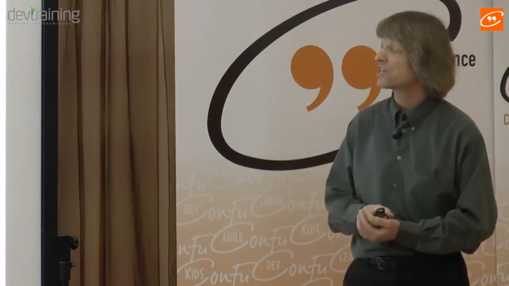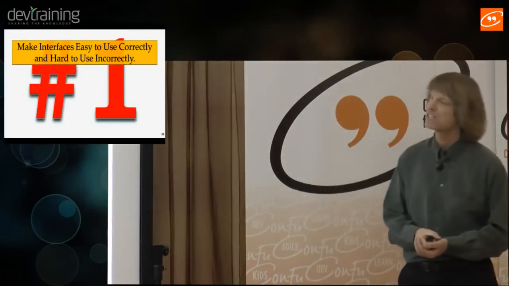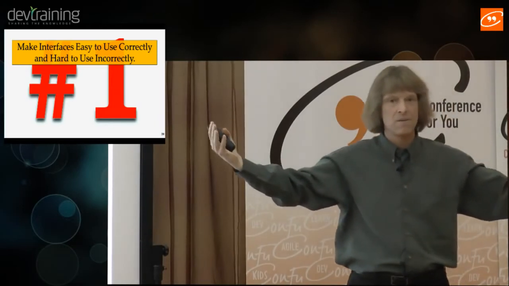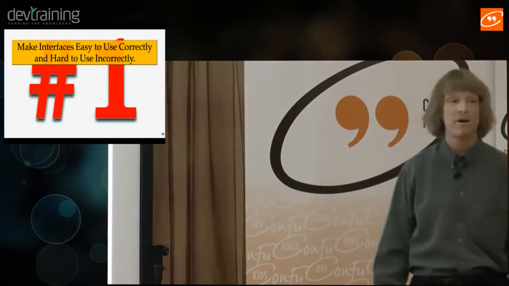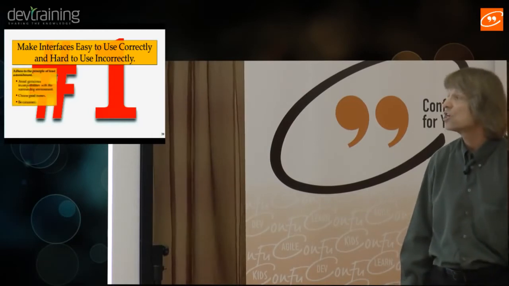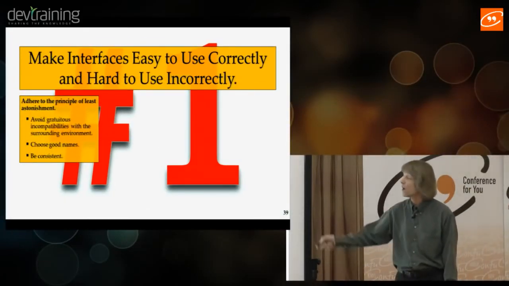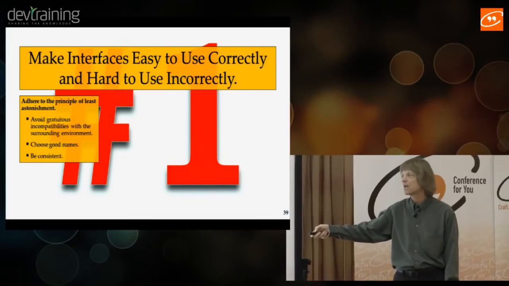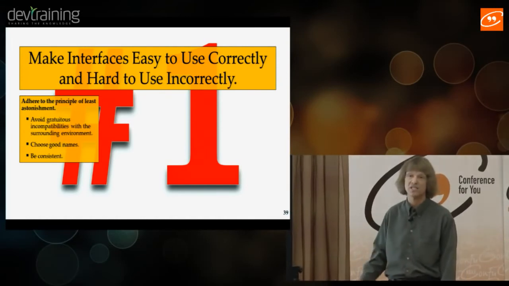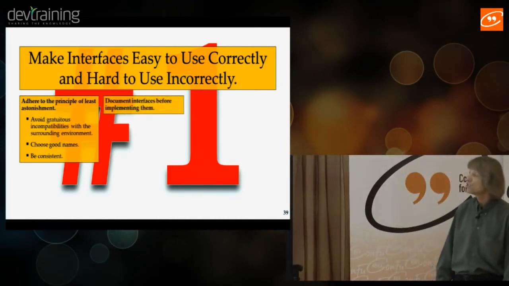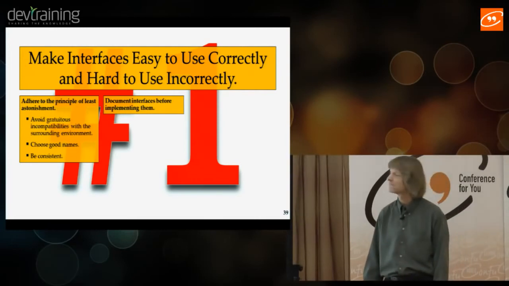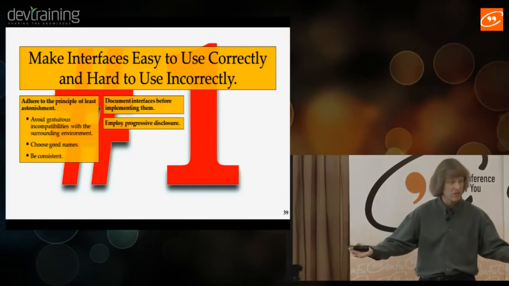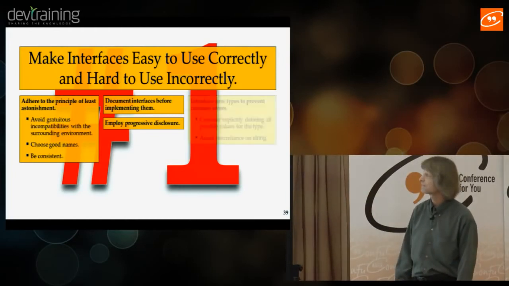So I want to get back to this idea that the number 1 rule is to make interfaces easy to use correctly and hard to use incorrectly. That's the high-level idea. And some of the specific things that we talked about on how you can achieve this is to adhere to the principle of least astonishment, so avoid gratuitous incompatibilities with the surrounding environment, choose good names, strive for consistency whenever you possibly can, document your interfaces before you implement them, employ progressive disclosure to avoid overwhelming users of the interface with too many choices.